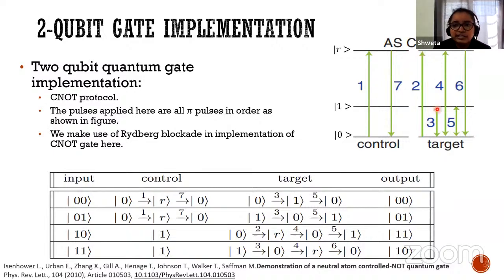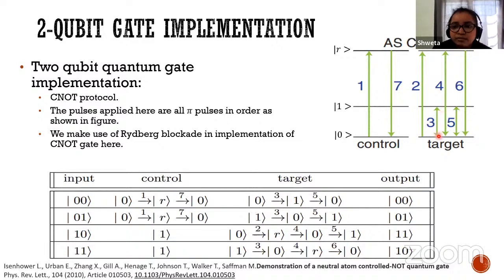So it will not send this atom to the Rydberg level, and the target atom will remain in the 0 state. After that, the third pulse is applied, which sends the target atom from the 0 state to the 1 state, and it remains there. Then the fourth pulse should ideally be applied, but since the atom is not in the Rydberg state, it will not be applicable here.